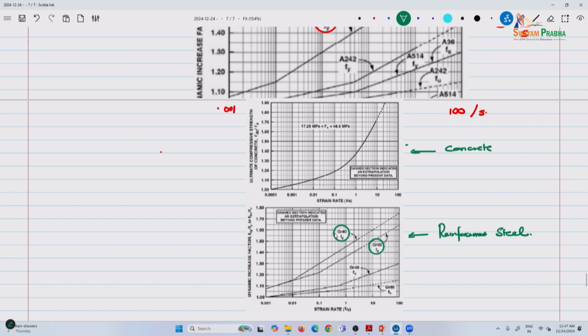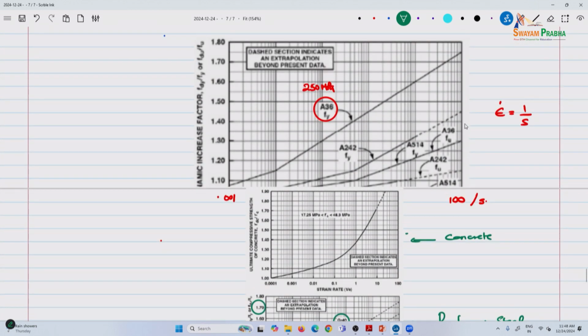The lower grade steels generally tend to have, this is both for FU, and so again you see the strain rates, it's not super high, going up to 100, and you can have increases of up to 70% as the strain rate increases. Even here, you're going up to 70% in concrete also. This is from 17 megapascals to 48 megapascals, going from 1 all the way to 1.9.